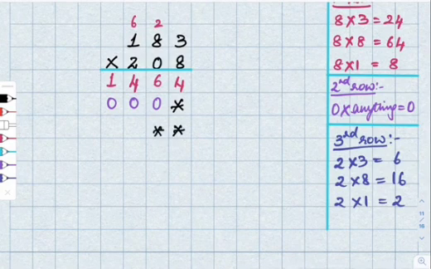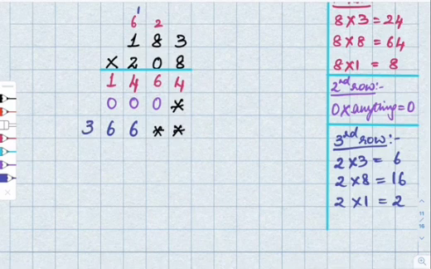So we are marking it. Then we will start writing the answers of the multiplication with 2. 2 3s are 6. 2 8s are 16, 1 carried. 2 1s are 2 plus 1 is 3.